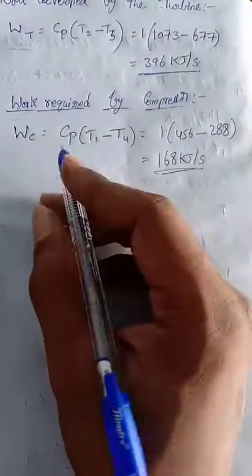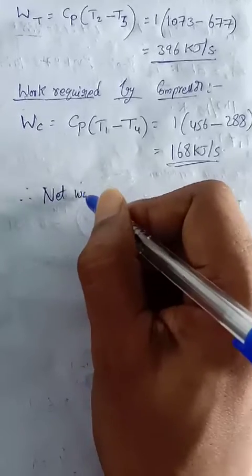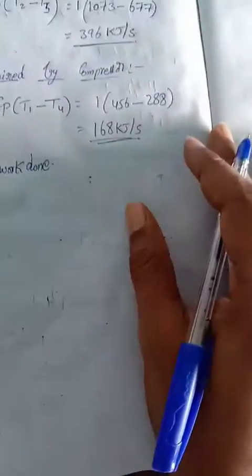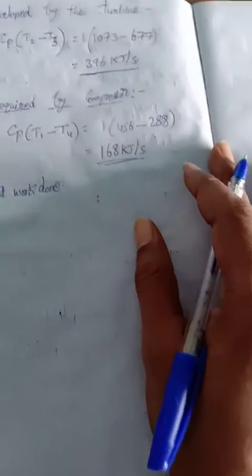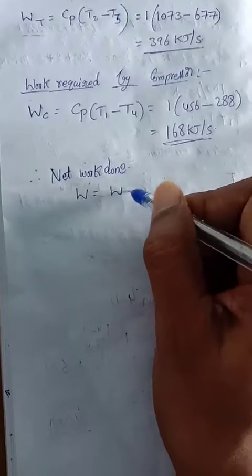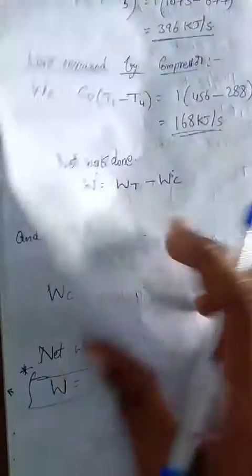Right, and now to find the net work done. Net work done W is equal to WT minus WC. We know the relation.